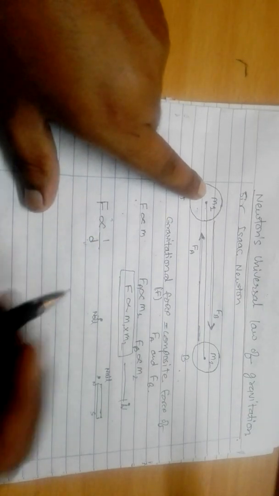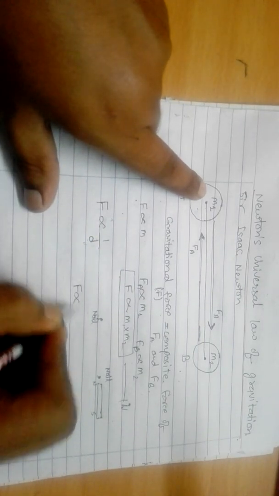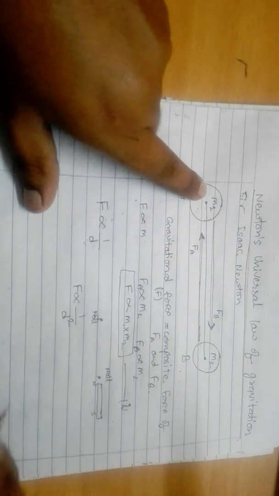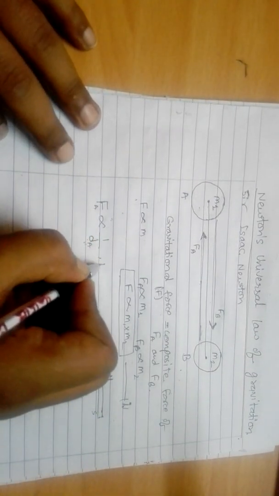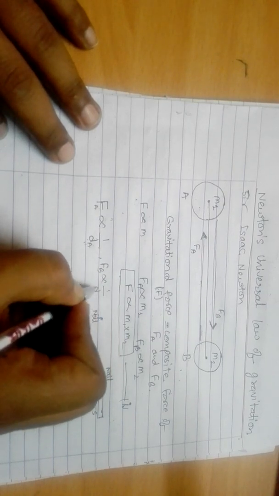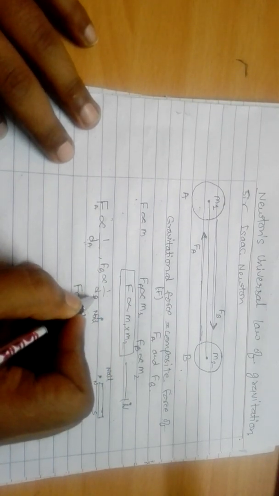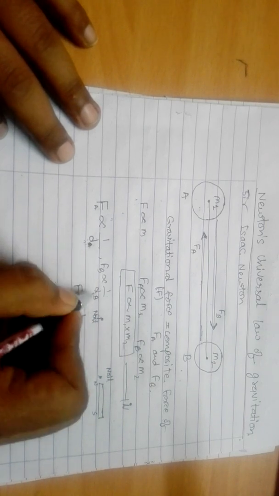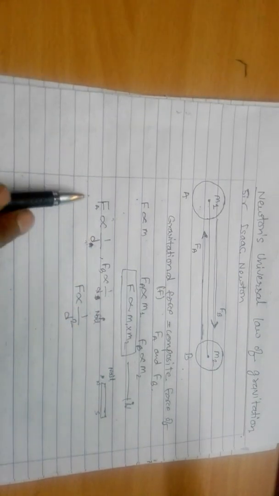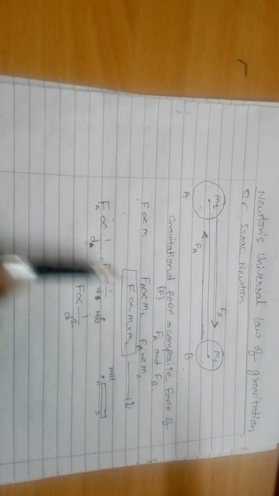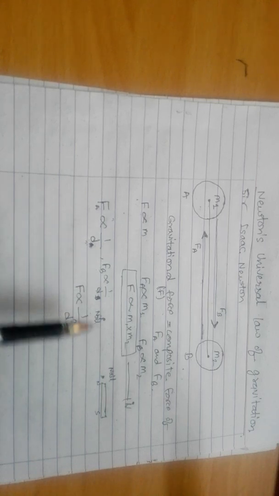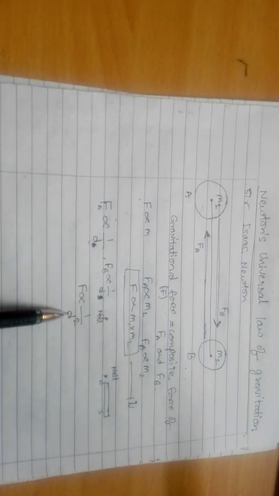Their mutual force is affected by distance. That's why we should write F is proportional to 1 upon d square. Let's say Fa is proportional to 1 upon da and Fb is proportional to 1 upon db, but since da and db are the same, let's not write this. So we can simply say Fa is proportional to 1 upon d, Fb is proportional to 1 upon d, and since gravitational force is the composite force of Fa and Fb, we can say F is proportional to 1 upon d square.